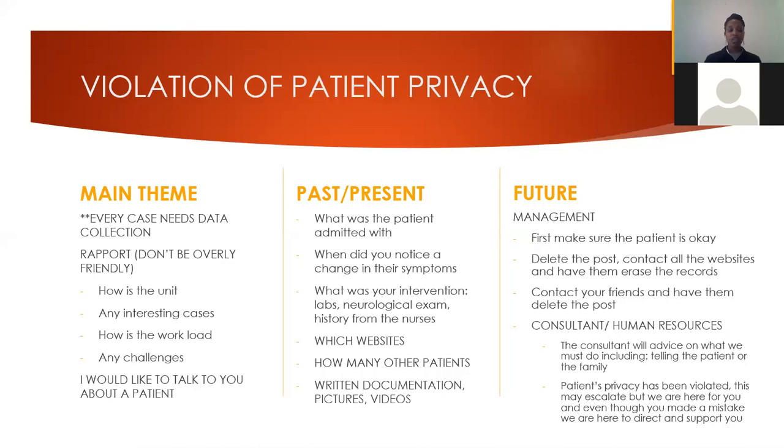Now, if you're working with a doctor who is blatantly violating patient privacy, in which ways can you violate a patient's privacy? In the elevator, Dr. James is talking about a patient who came in and had an overgrowth of a tumor in the middle of her back, or an overgrowth of a tumor in the middle of her chest.